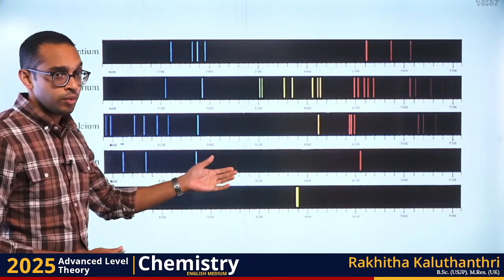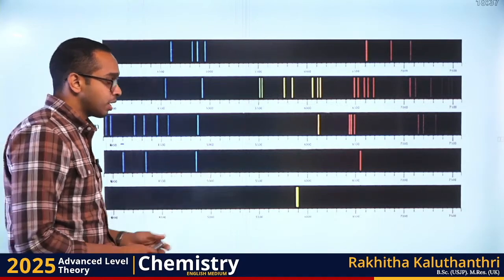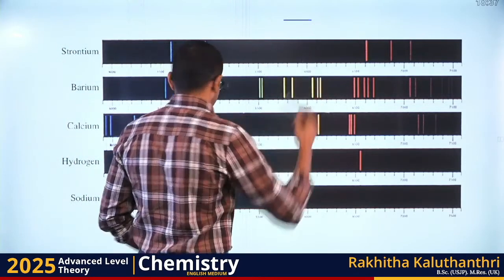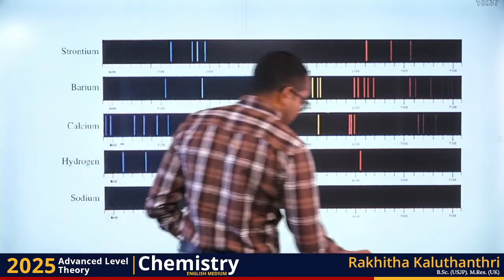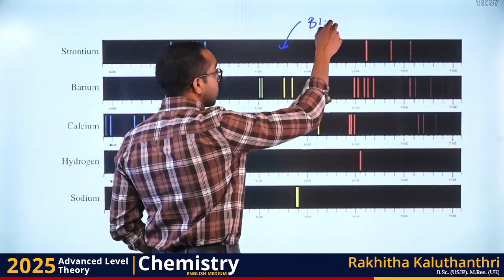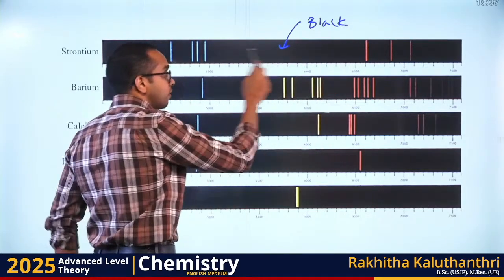And one of the things that I had to mention before moving on into that is that you can see when it comes to emission spectra, the background is black. The background is black. Why? Because in this region there aren't any wavelengths.